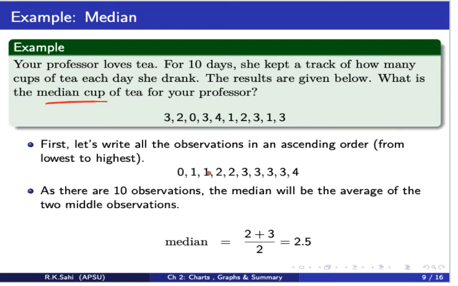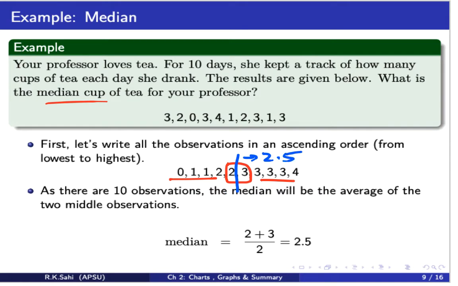So 1, 2, 3, 4, so 2 and 3 are those two values of your professor's cups of tea, which has 4 on the right-hand side and 4 on the left-hand side. So the median would be 2 plus 3 divided by 2, 2.5. Right in the middle, the median is 2.5.